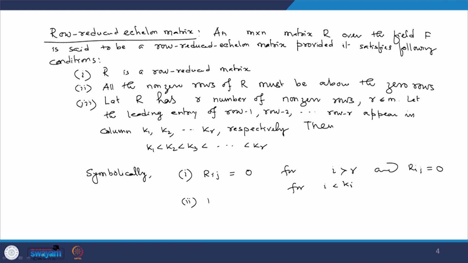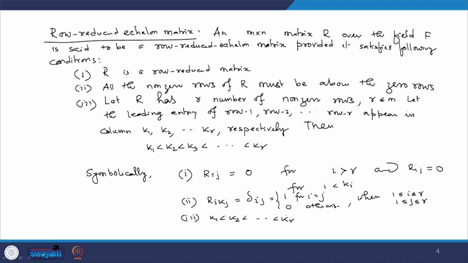Second one, R i Kj equal to, in the canonical delta form, delta ij, which is equal to 1 for i equal to j and 0 otherwise, when 1 less than or equal to i less than or equal to r and 1 less than or equal to j less than or equal to r. And the third one, K1 less than K2 less than up to Kr. These three conditions can also be written in the same form.